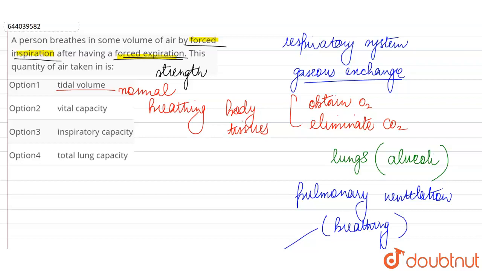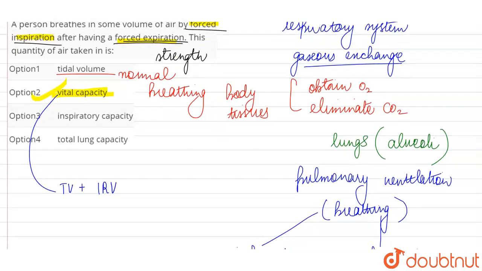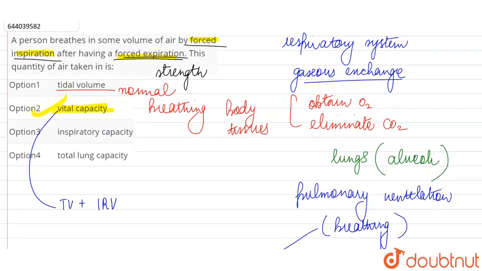Our correct answer over here is going to be option B, vital capacity, because in the vital capacity we are going to add up the tidal volume, because obviously the air that we are taking in during the normal breathing will be included here. But apart from the tidal volume, we will also have the inspiratory reserve volume, which is the additional volume of air that we can inspire if we take a deep breath.